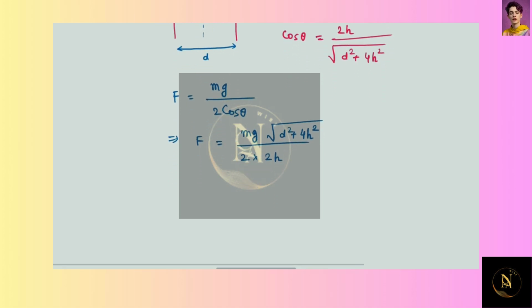On simplifying, we get F equals mg by 4h times square root of d square plus 4h square. So this is the answer for this question.